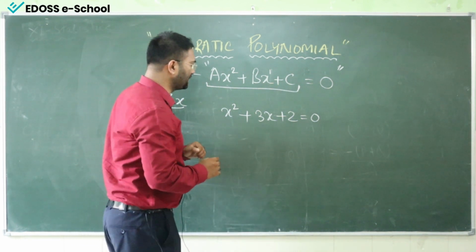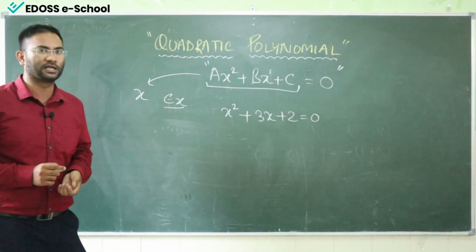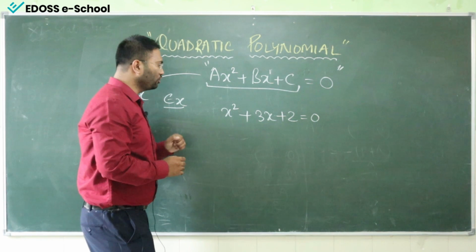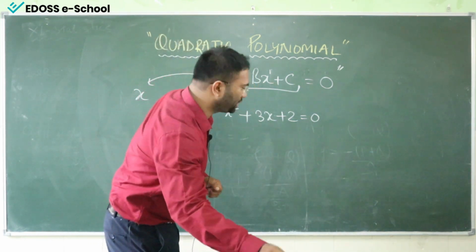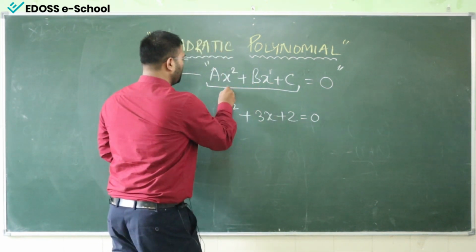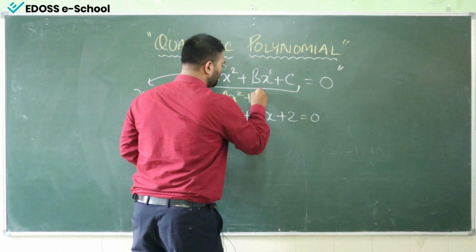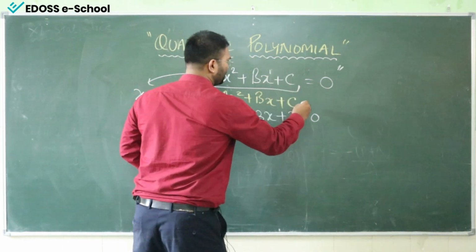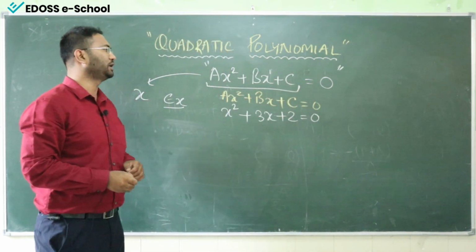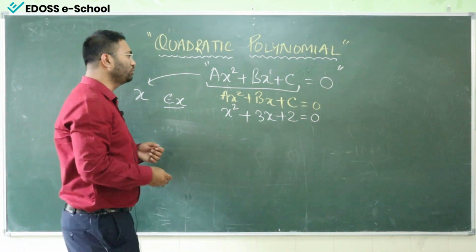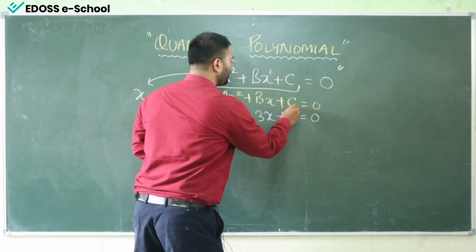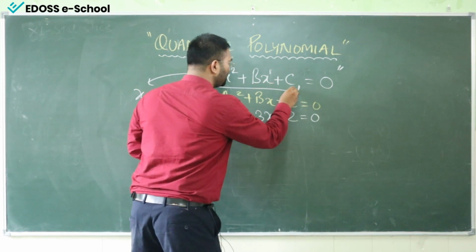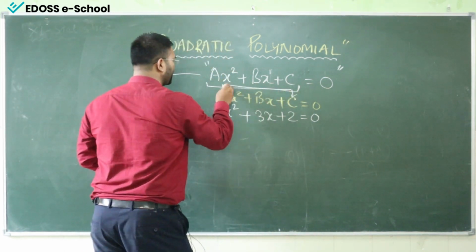Now let's start with the method of splitting the middle term. We always have to think about ax square plus bx plus c, which is the standard form of a quadratic equation. What we have to do next is multiply the constant and the coefficient of x square.